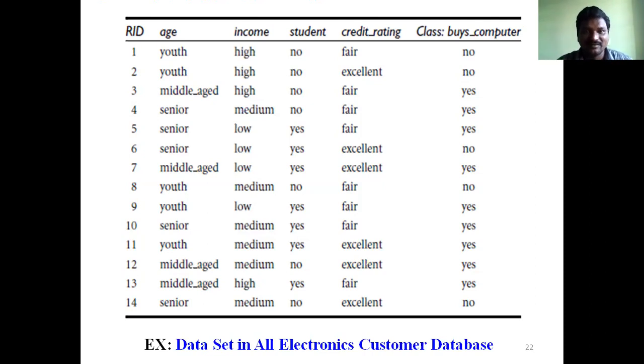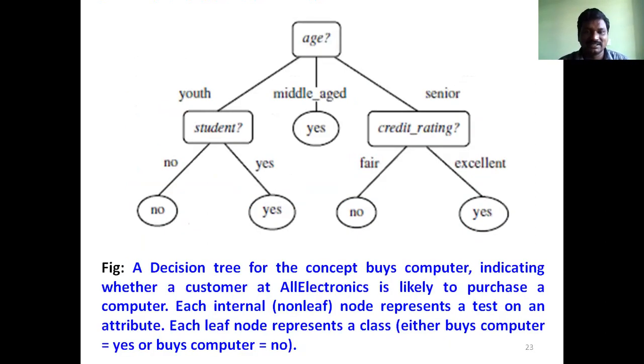That is our data set. For this data set, you will develop a decision tree like this. Decision tree at AllElectronics company. Here in the decision tree, age is the root node, or you can call it an internal node. For age, it is either youth, middle age, or senior.